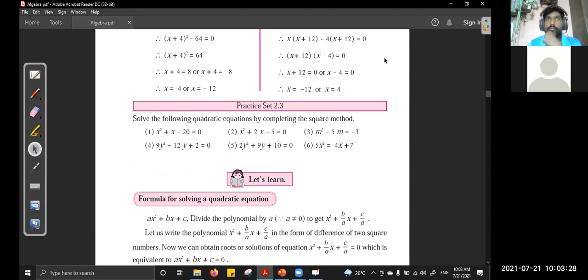1.414. 1.4, how come? What have you done? Root 2 minus 2. Can you show me your calculation?